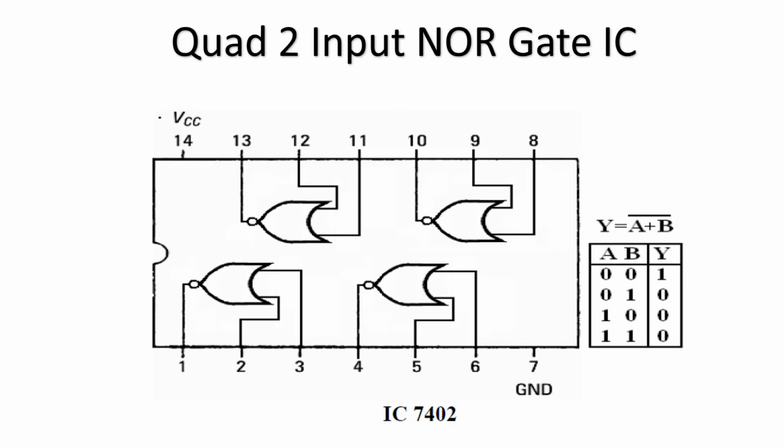NOR gate IC 7402 also consists of 4 NOR gates in a single package, but the pin numbers are different for input and output. Here 2, 3 are the inputs, 1 is the output, 5, 6 are inputs, 4 is the output, 8, 9 are the inputs, 10 is the output, 11, 12 are the inputs, 13 is the output.